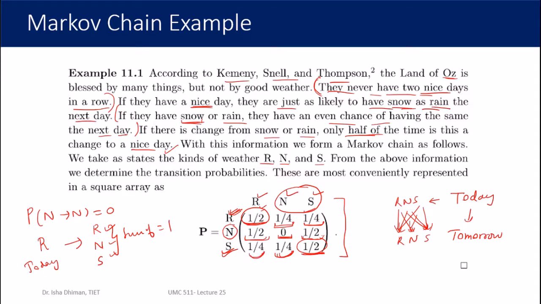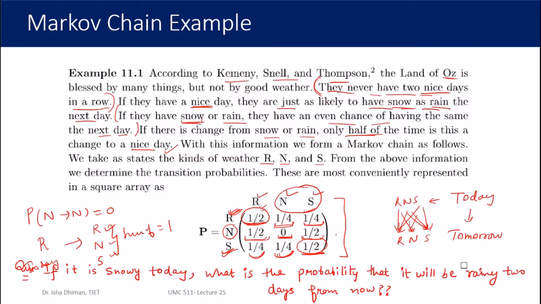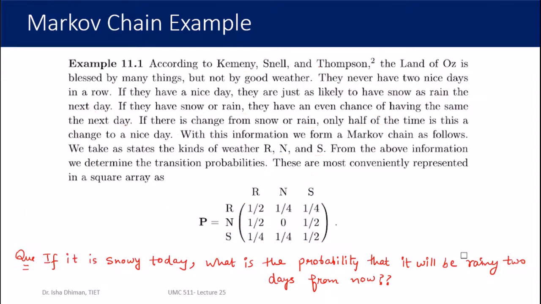So we have formulated the transition probability matrix, and now we need to discuss why we are doing so. What is the need of computing this transition probability matrix? We are asked a question here: if it is snowy today, what is the probability that it will be rainy 2 days from now?